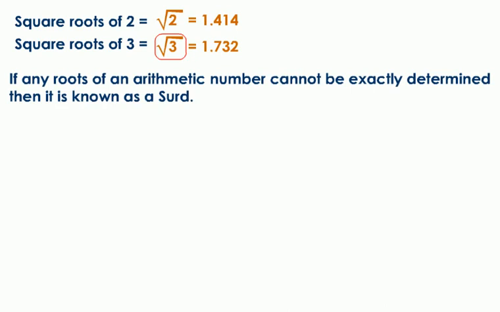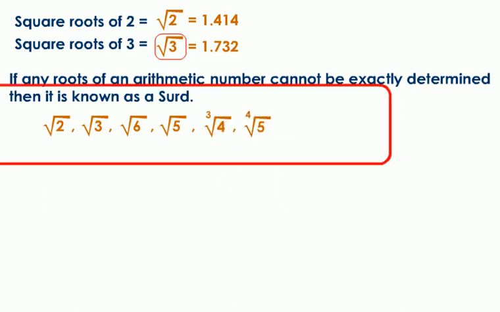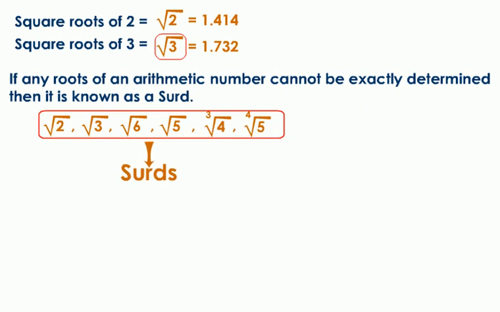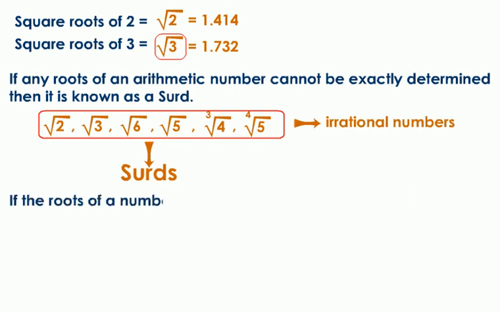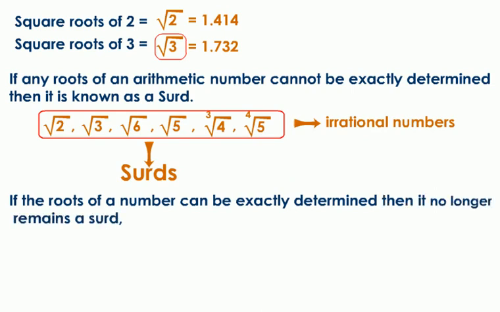For example, √2, √3, √6, √5, cube root 4, 4√5, and so on are all surds. A surd is an irrational number. If the root of a number can be exactly determined, then it no longer remains a surd.